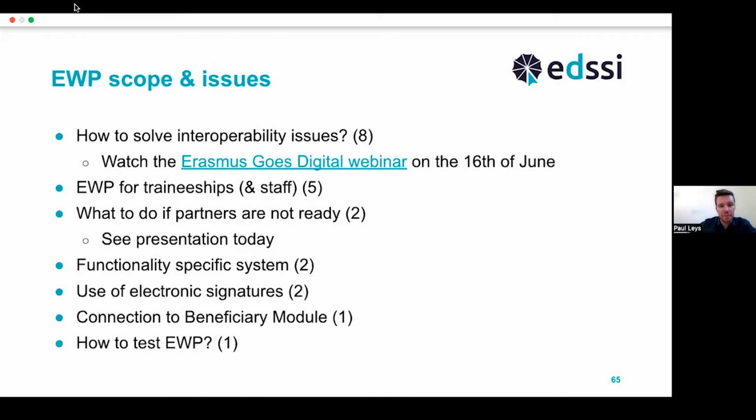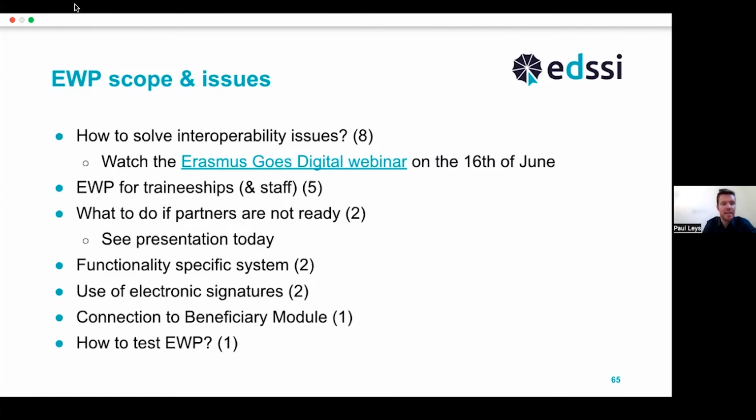And in the Erasmus Goes Digital webinar on the 16th of June, we presented an interoperability reinforcement plan that's supported by the European Commission, where in 6 months' time we will roll out some actions in order to try to improve this interoperability. And it's about opening the ESSI service desk, which is the whole support infrastructure established under EWP Plus.